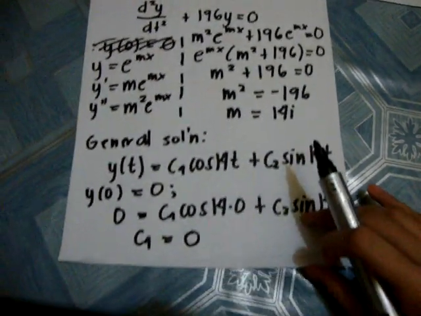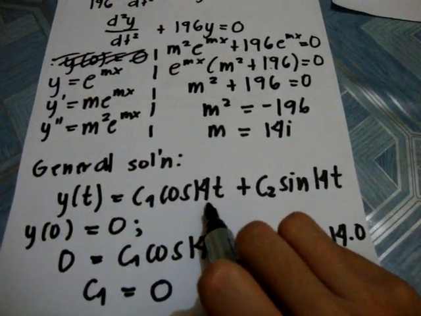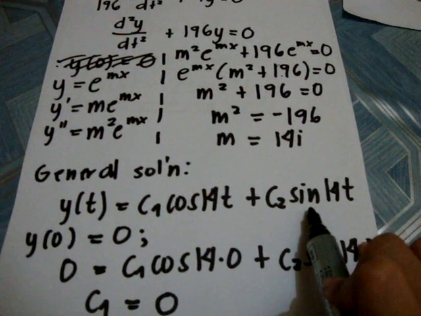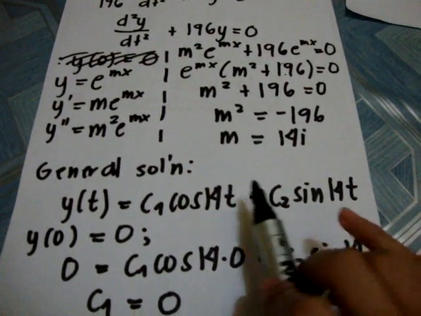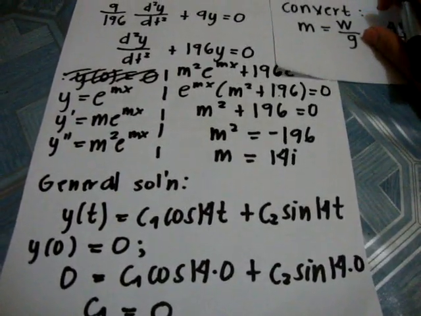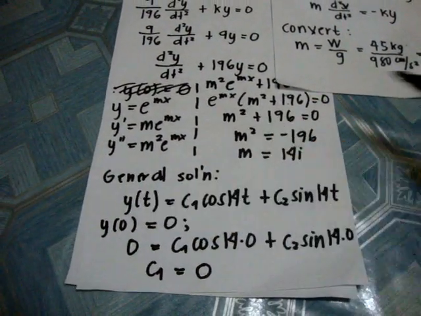Now our general solution, y of t is equal to c1 cosine 14t plus c2 sine 14t. Now we have that y sub 0 is equal to 0. Now we substitute this, so y of 0 is equal to 0.